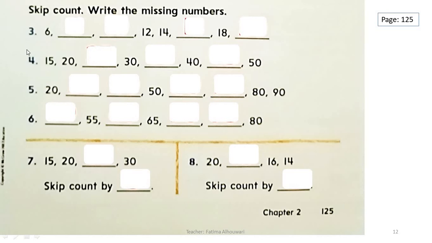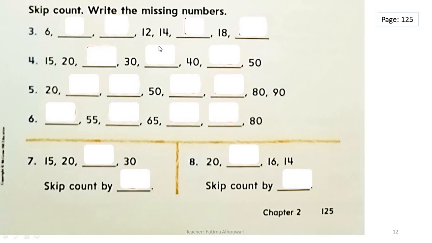Let's start it. Here we have 6, something, something, 12, and 40. From these two numbers, we can know the pattern. We skip count by, can you guess what? What is the difference between 12 and 40? Did you say 2?